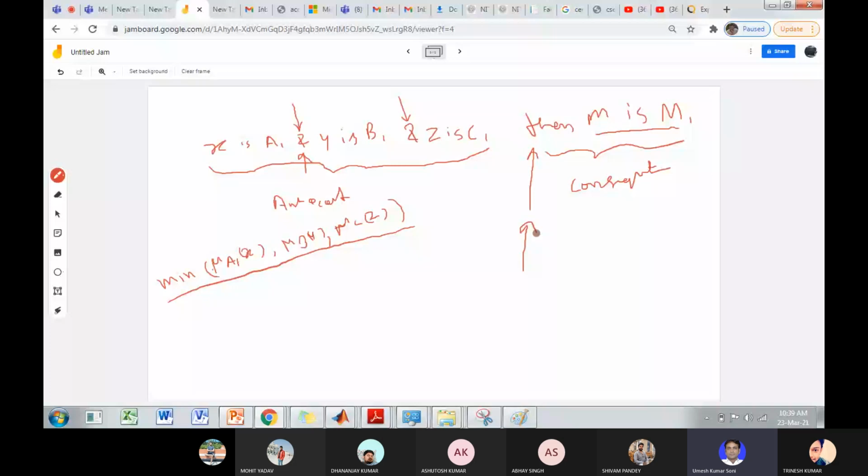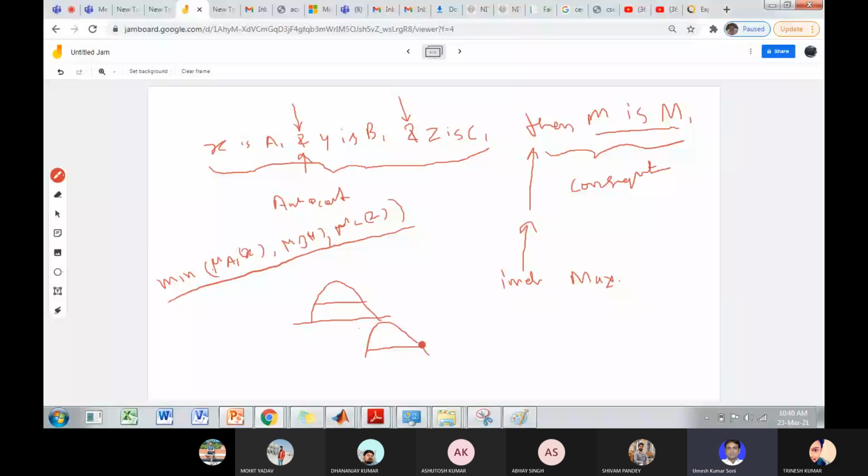Now you have different areas of A1, you have this B1. Depending on these values and on the implication rule, suppose you have the maximum implication rule, then the maximum of this will be selected.